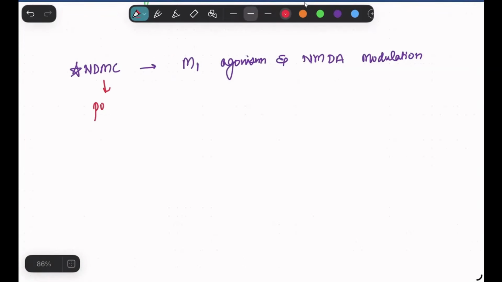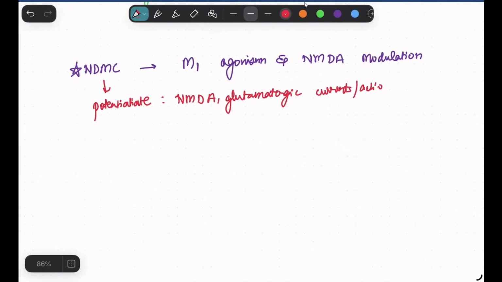NDMC potentiates NMDA glutamatergic currents or actions. NMDA stands for N-methyl D-aspartate. It potentiates the NMDA actions.